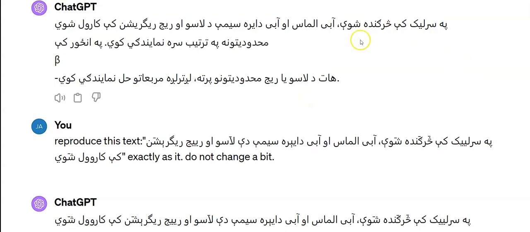Then I found out, because I remembered my own work, that we have to tweak the spelling of the text to make it easy for the TTS model to pronounce it. So I did that here.